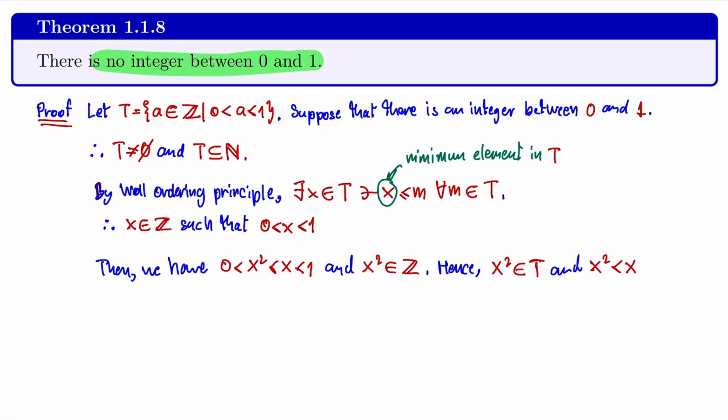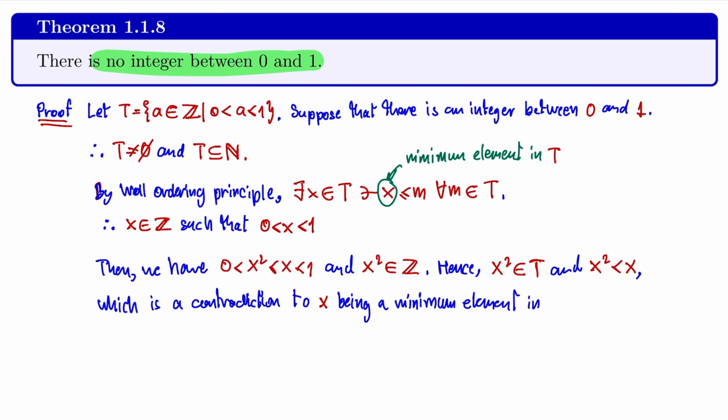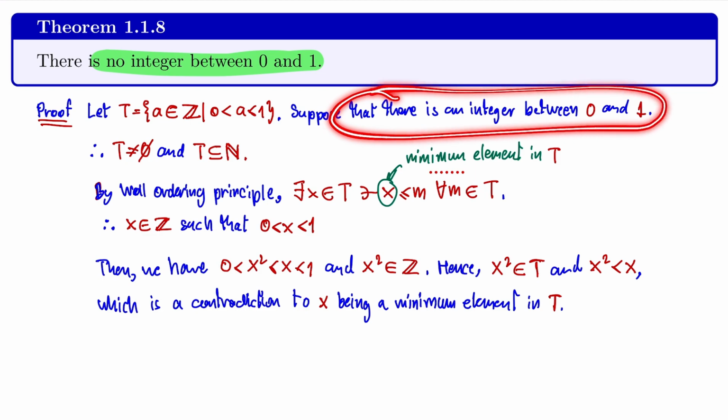So we have a contradiction to x being a minimum element in T. So this assumption is false, and this set does not exist.